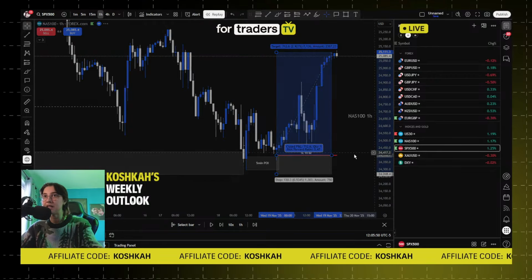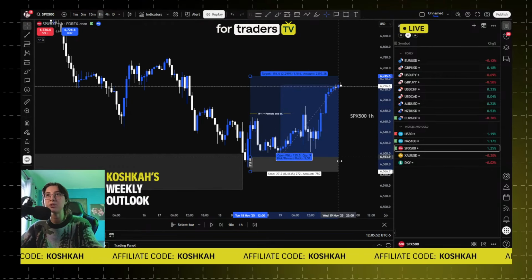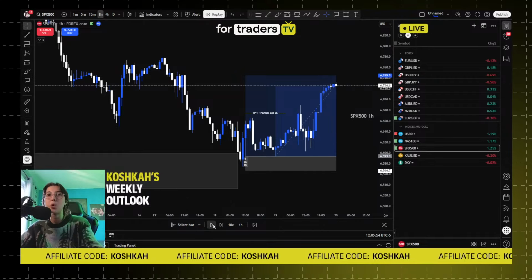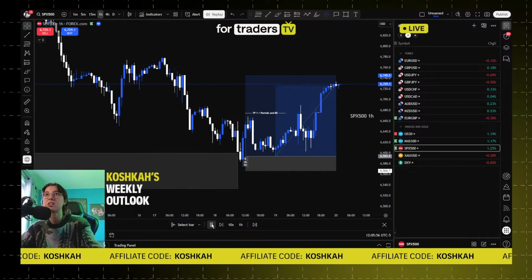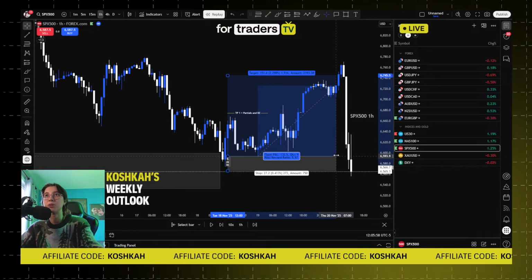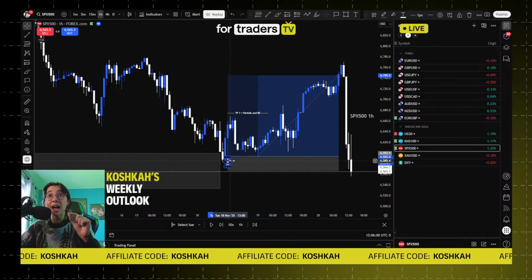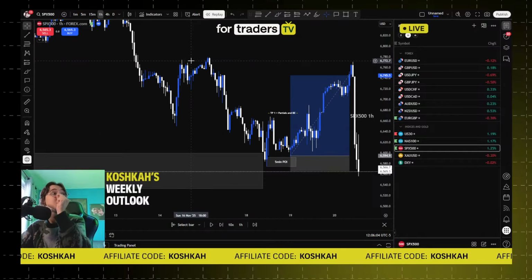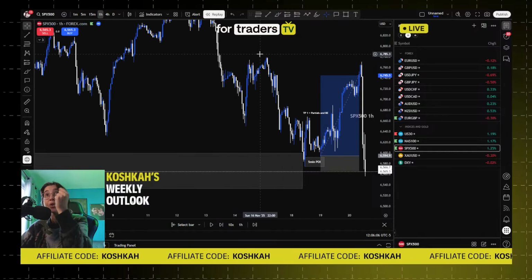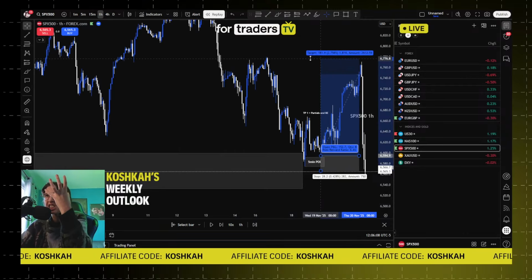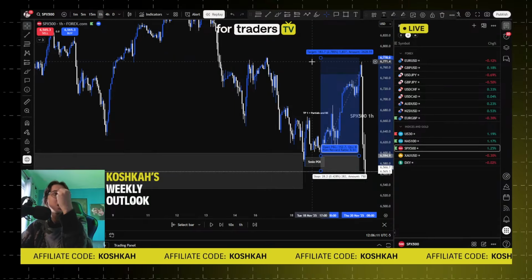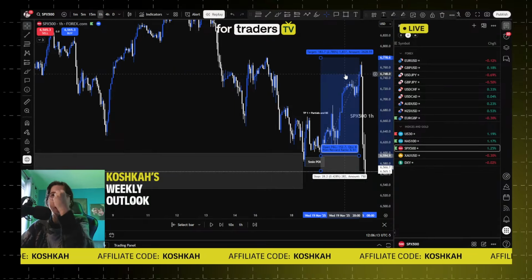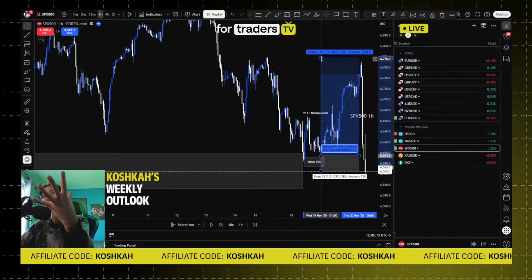And on S&P, exactly the same thing happened, you see. However, the only difference is that price tapped the final take profit just a little bit further. And look what happened, guys. Remember what I said? If you had targeted a little bit higher and wanted to be greedy and get 2 risk reward ratio more, you would have lost this trade. You would have lost your 1:5 risk reward ratio.